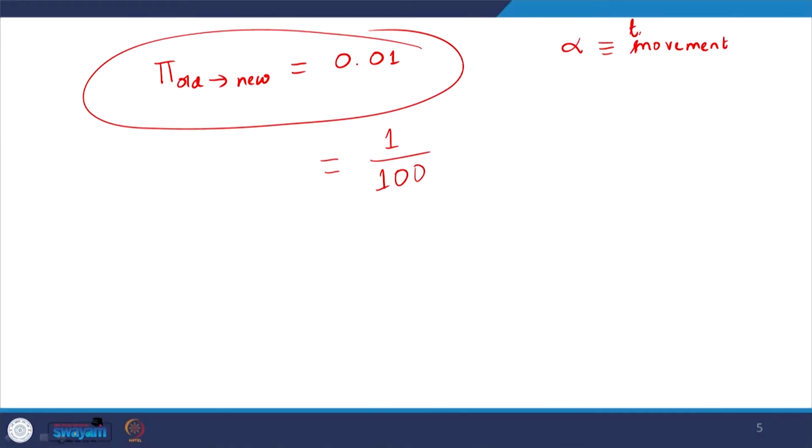So let's say, for example, if I am making 100 movements, I call them a trial movement, and a trial is accepted with a probability of pi. So what I do then is I do not move the particle, I try to move the particle. I just imagine that the particle has moved from here to there.